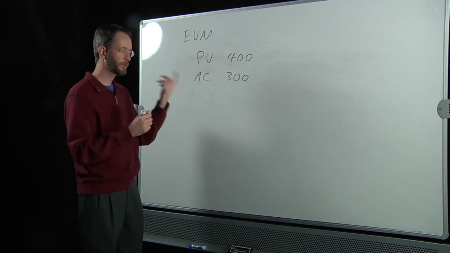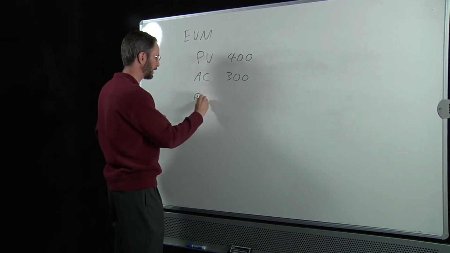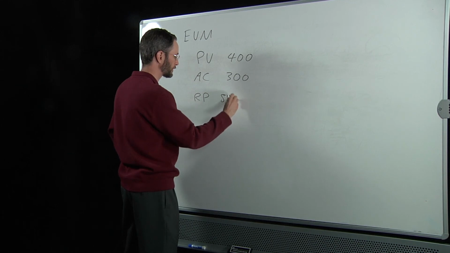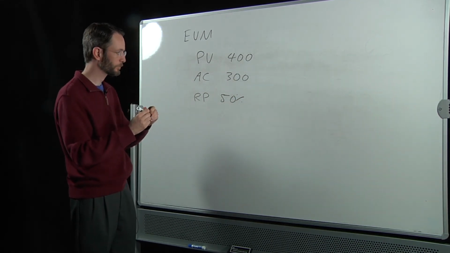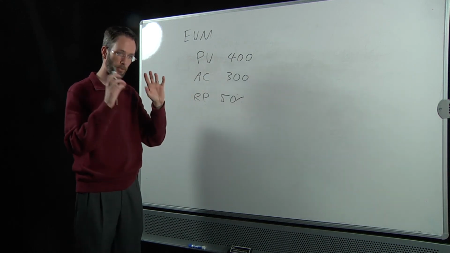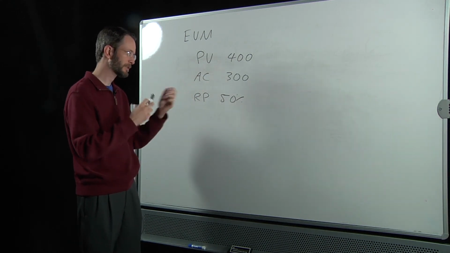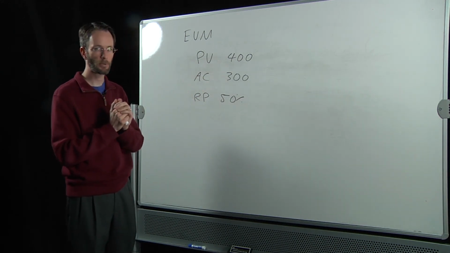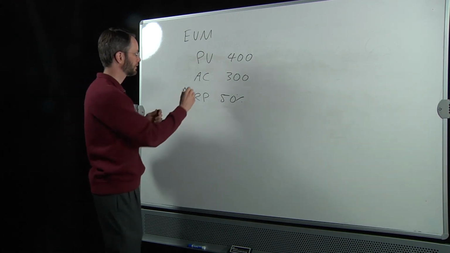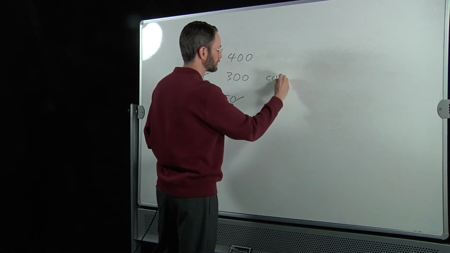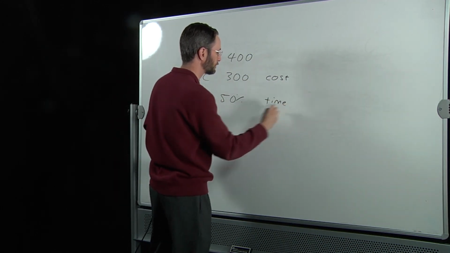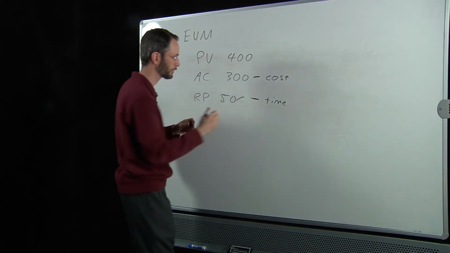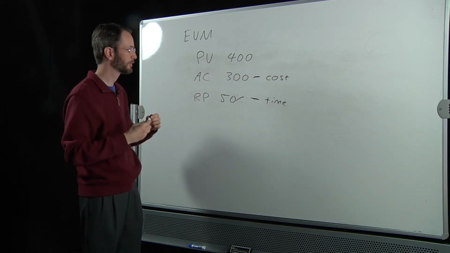And when you throw in the time factor, or specifically that rate of performance of 50%, it's taking them twice as long as it should, that can really reduce the budget estimates and the time estimates as well, as a negative factor in your project. So again, this is mostly just a cost for the actual cost part, and this is the time factor that are critically important for this tool in particular.